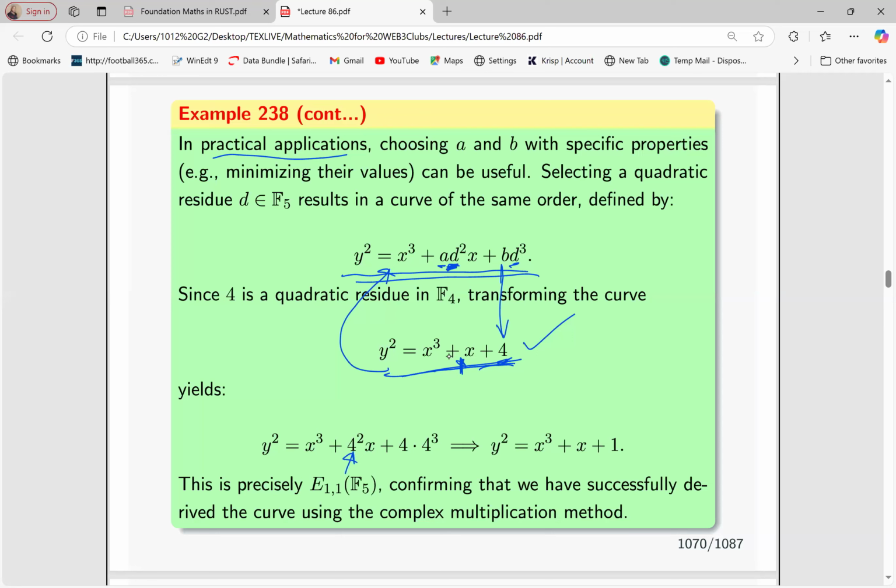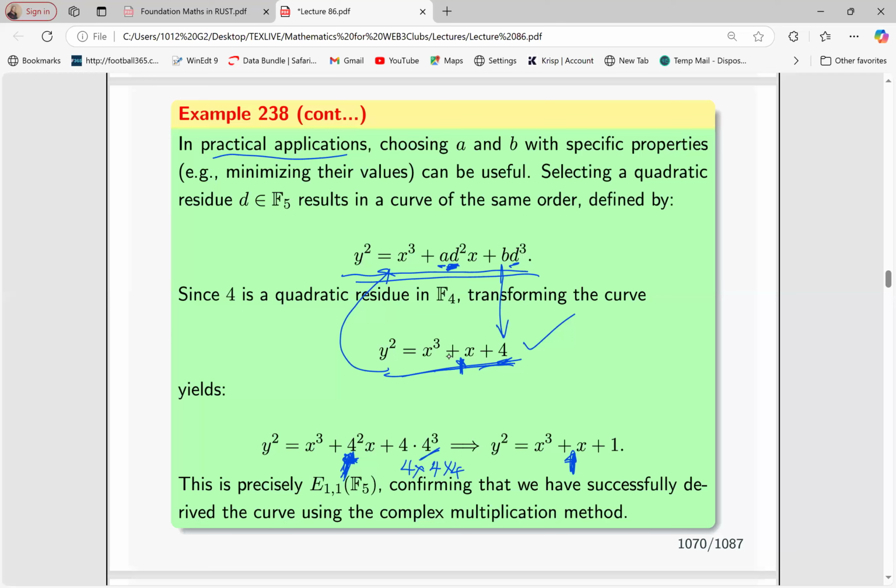4 squared will be 16. 16 mod 5: 5 goes there 3 times and the remainder will be 1. And then this is 4 cubed.